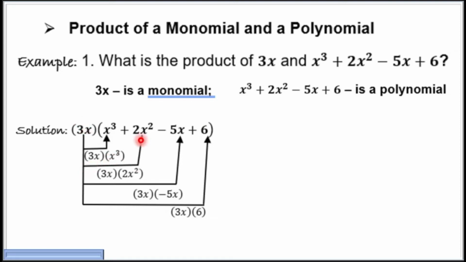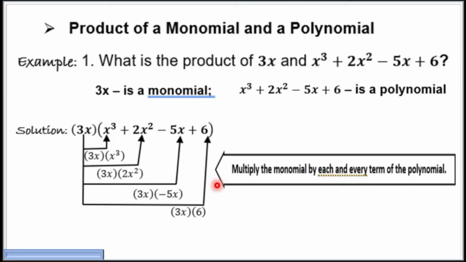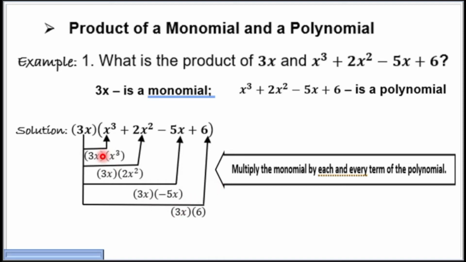Next, 3x times 2x squared, 3x times negative 5x, and 3x times 6. Look at their answers here. So monomial times first term, second, third, and last. Multiply the monomial by each and every term of the polynomial. Thus we copy it, plus the second, third, and so on, one by one.